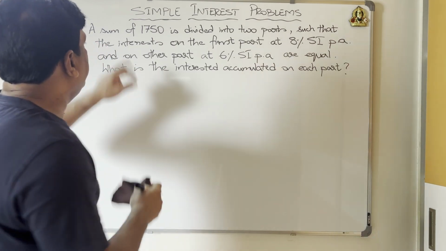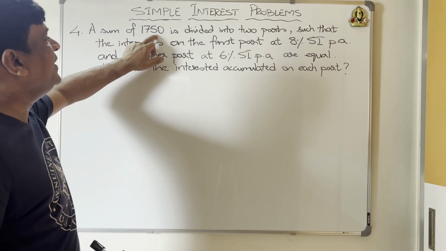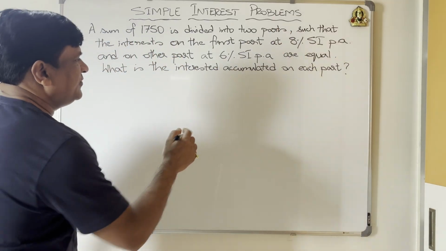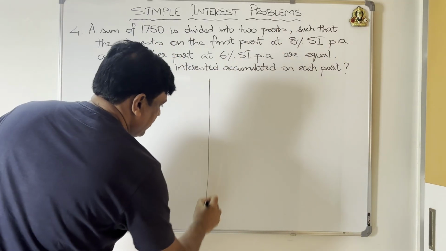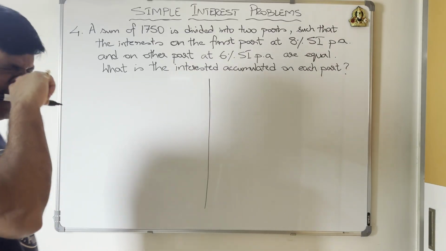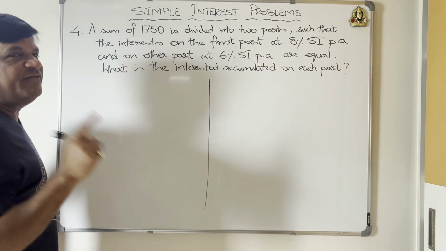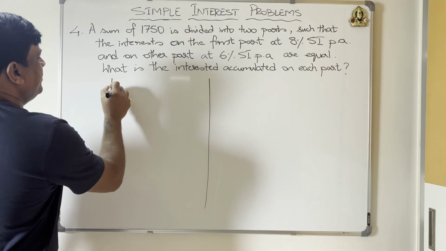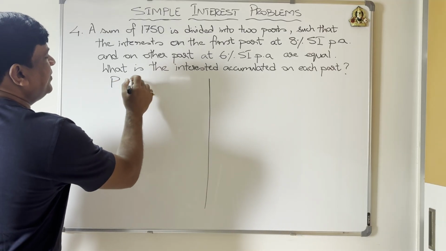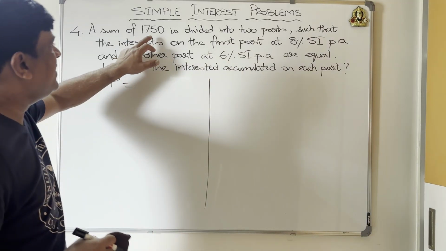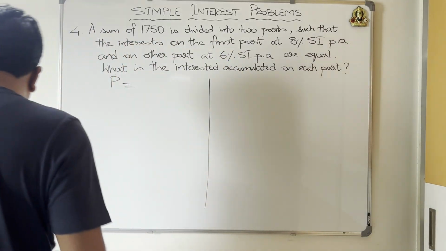So if you read the problem, a sum of 1750 is divided into two parts. First and foremost, I'm going to make two columns. A sum of 1750 means that's the principal. Now they are saying that this is divided into two parts.